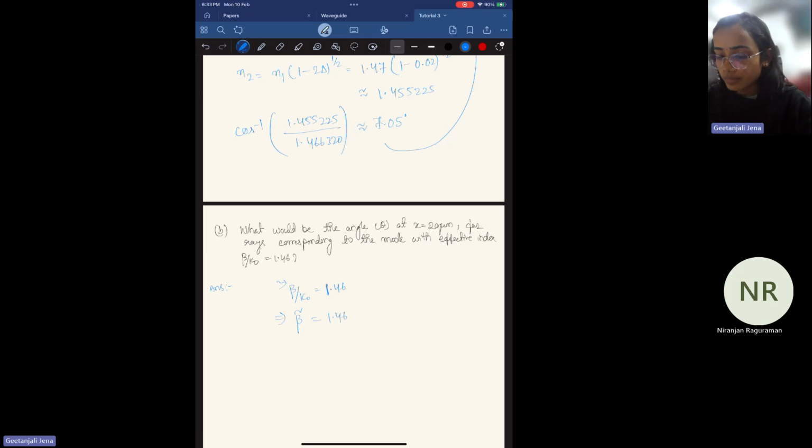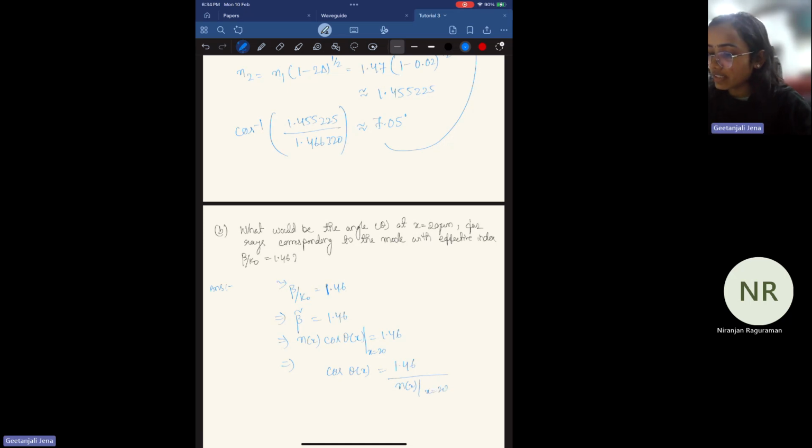And if you recall, beta tilde can be written as n(x) cos theta(x), which remains constant during the wave propagation. It is 1.46. So n(x) at x equal to 20, that means cos theta(x) would be 1.46 over n(x) at x equal to 20.